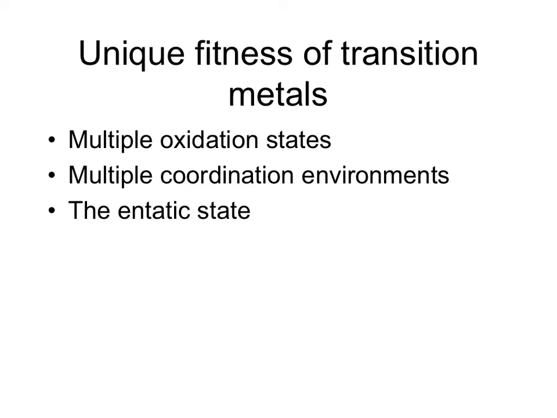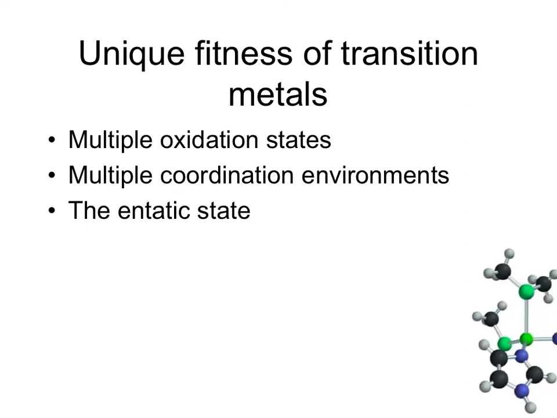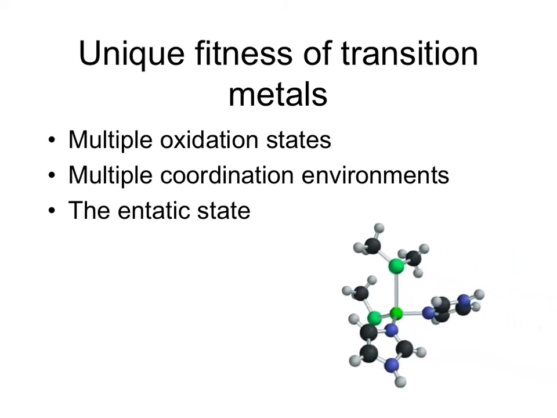Enzymes can use this behavior to actually stabilize or promote the coordination environment of this copper in this example, which has neither a tetrahedral nor a square planar environment, but a geometry that's very close to a trigonal pyramidal geometry.